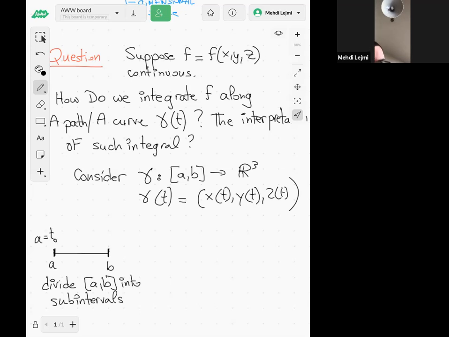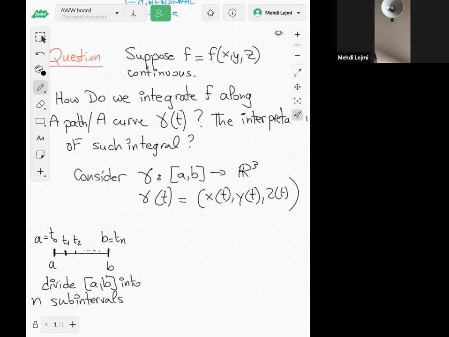And then I'm going to have another t subscript 1, t subscript 2, etc. And then my b would be t subscript n. So I just divided my interval AB into n subintervals, right?